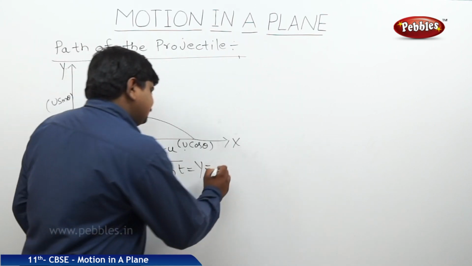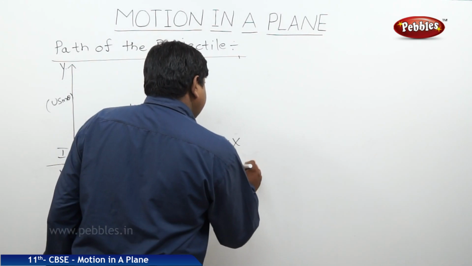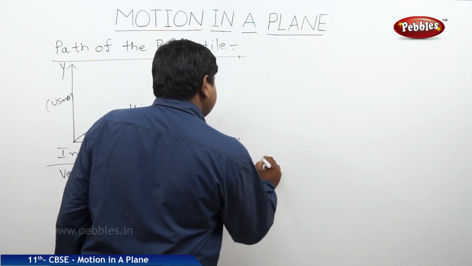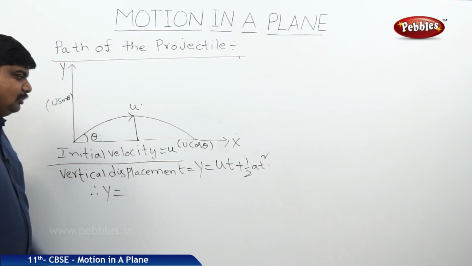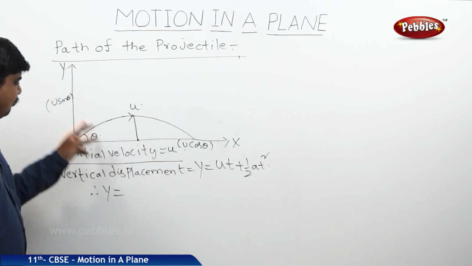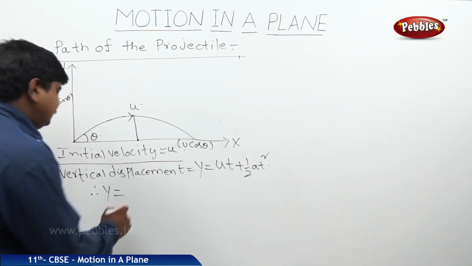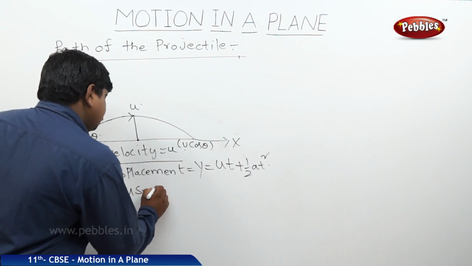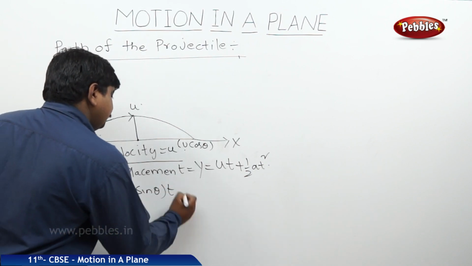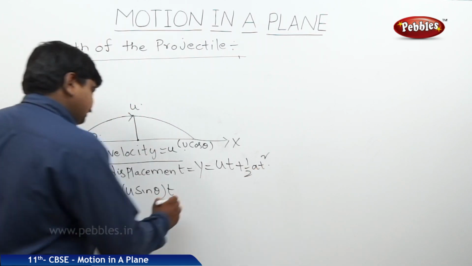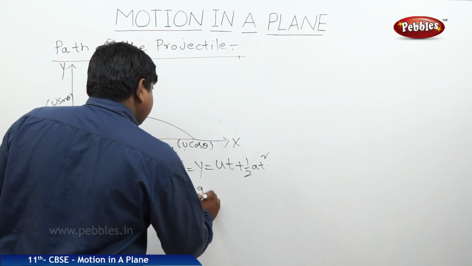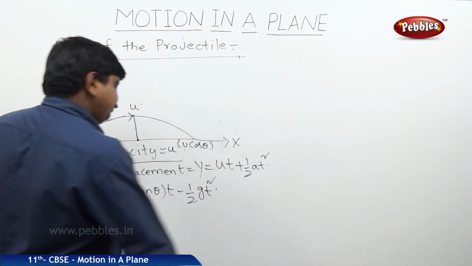The general equation is ut plus half at square. So therefore y is equal to, what is u? The velocity along the y axis is nothing but u sin theta into t. Acceleration will become minus g because the body was projected up. Therefore it is minus half gt square.